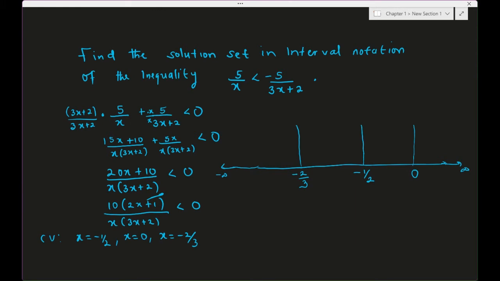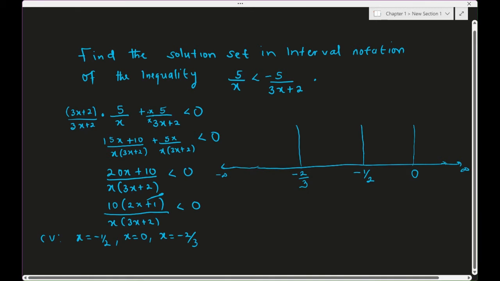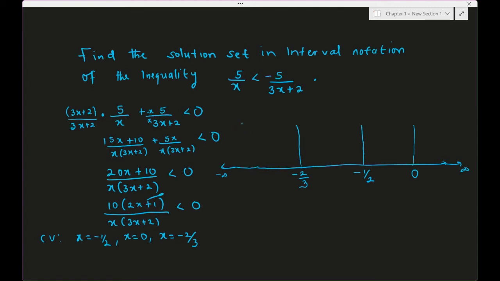So let's put our factors now. 10 is just a number, so you don't need to use it. We know it's always positive, so it won't make any difference. You can just start with 2x plus 1, then x, and the other one is 3x plus 2.